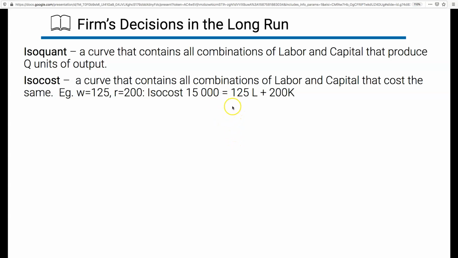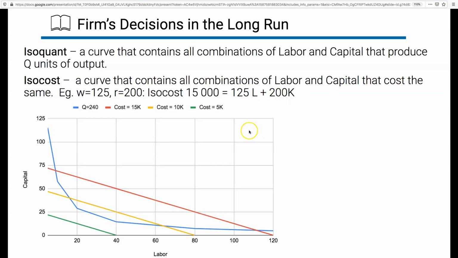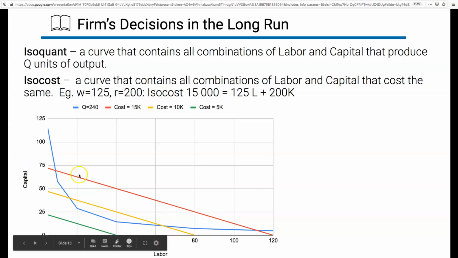If we do that, we'll get an equation that equates our expenditure to how much it will cost to buy labor at the wage rate of 125 plus how much it will cost to rent capital at the rental price of 200. And so the isocost will be straight lines in these labor-capital coordinates. For example, the red line here corresponds to the cost of $15,000.